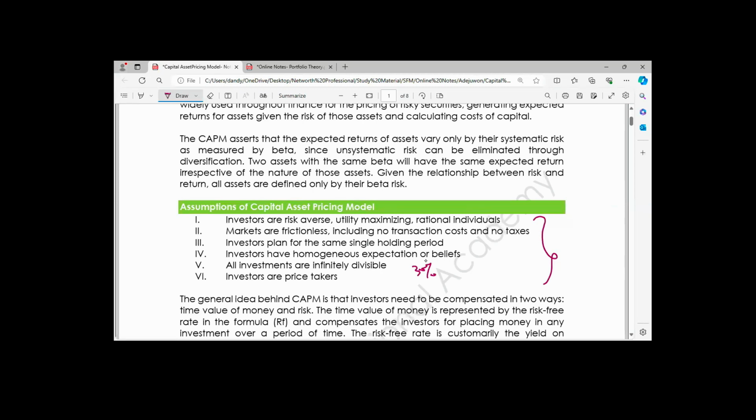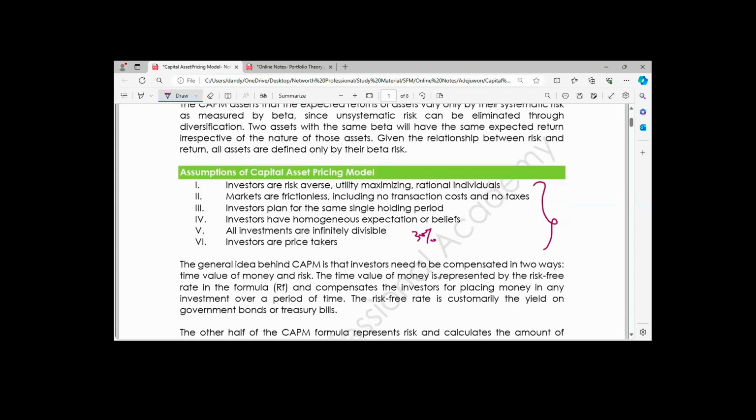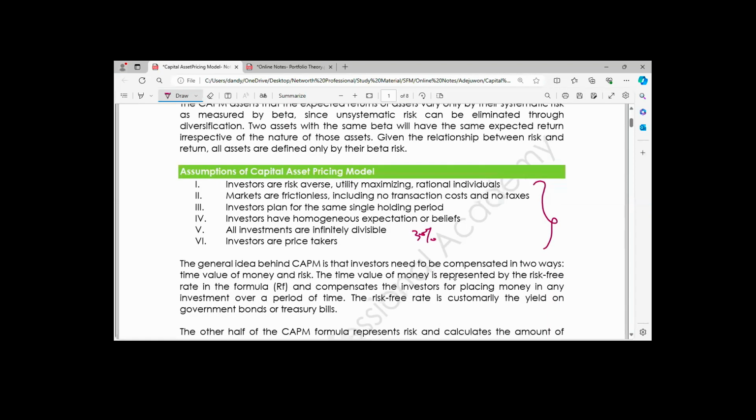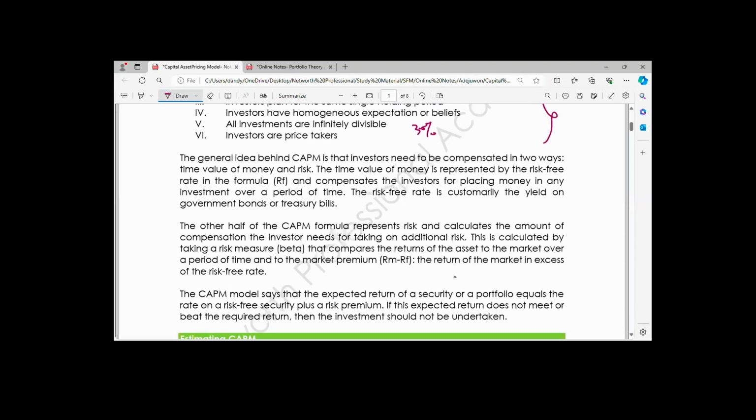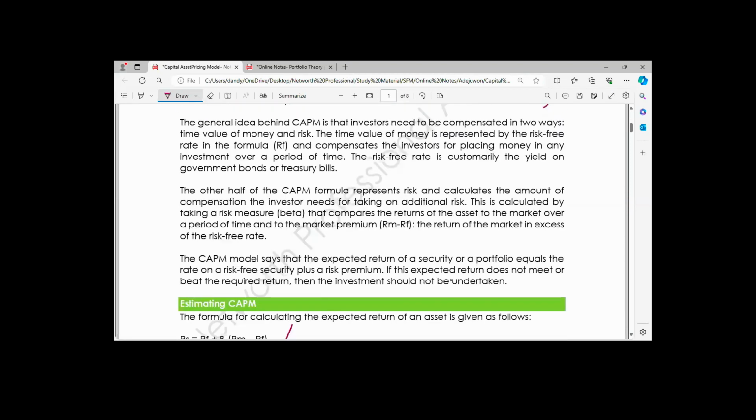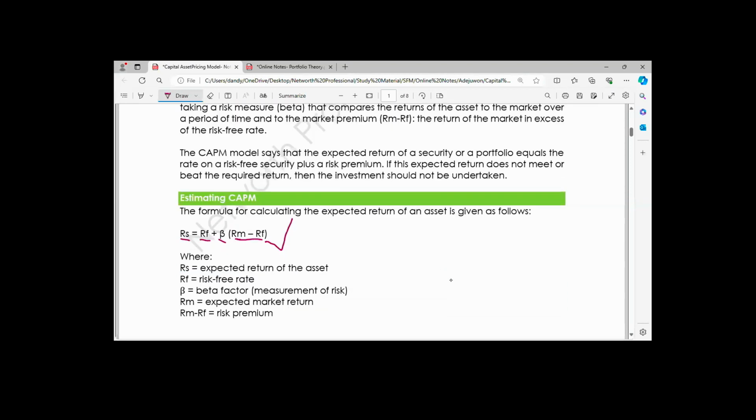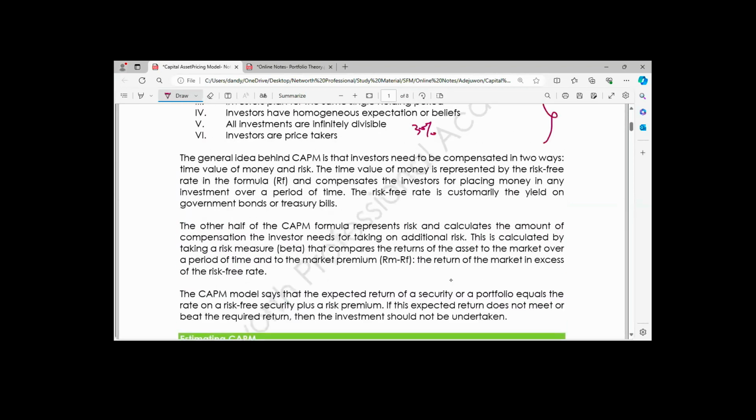However, like I said, you already know how to estimate the capital asset pricing model, so we don't need to waste our time on that. But take your time to review the material to have more idea of what CAPM is all about.